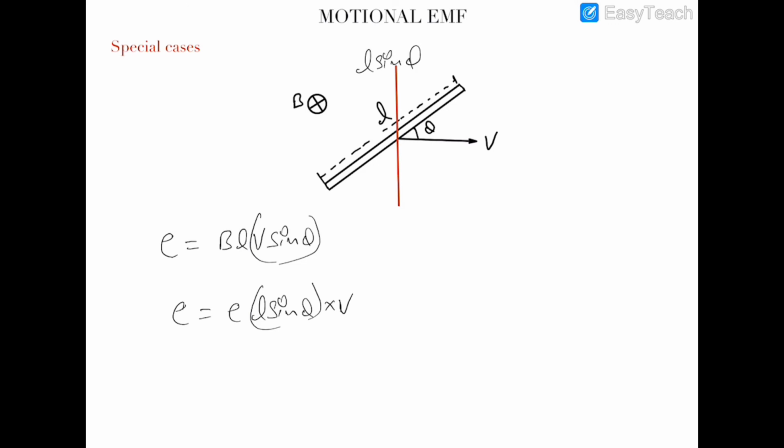So this L sin theta can be considered as a rod which is moving with some velocity v, and you can see that L sin theta is the new length which is perpendicular to the velocity as well as to the magnetic field. So EMF can also be written as, this is in fact B, sorry, EMF can be written as B into L sin theta into V.